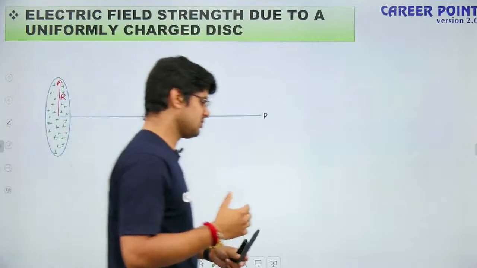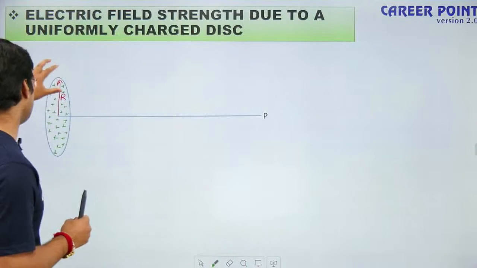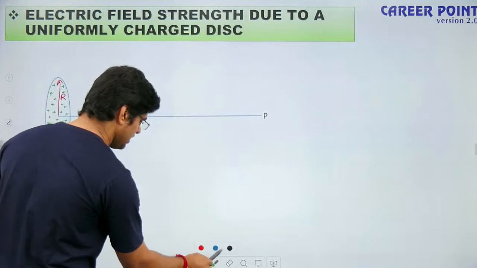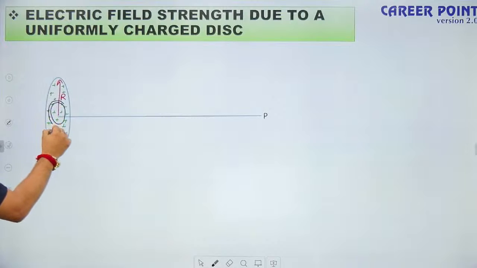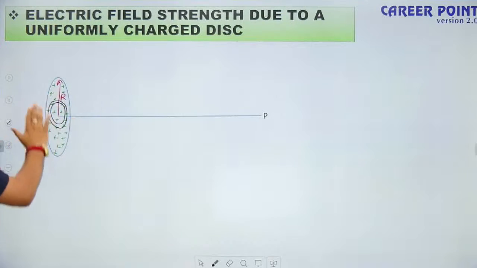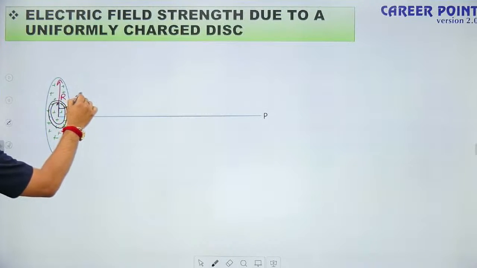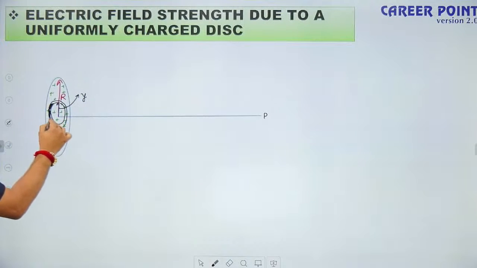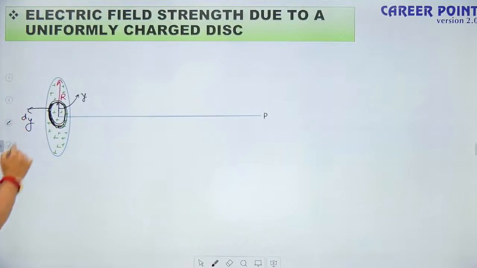I have one already derived formula for a uniformly charged ring. If I take an elemental ring somewhere in between, let's say I am cutting a small elemental ring from the surface area of the disk, and the radius of this ring is y and the thickness of this elemental ring is dy.